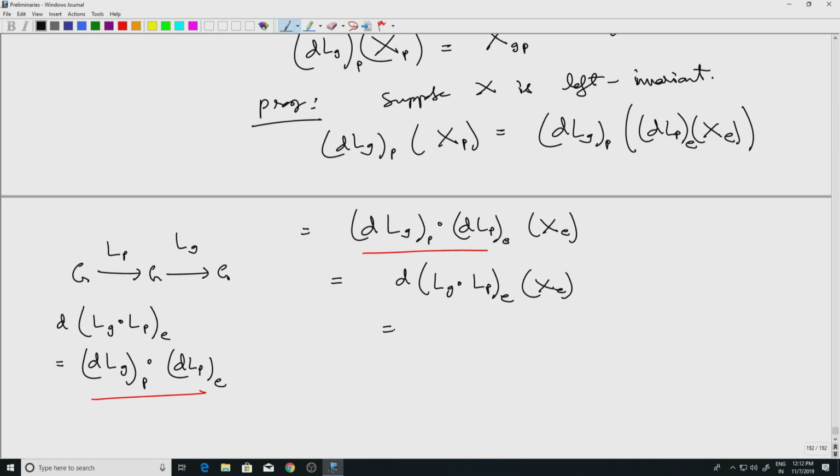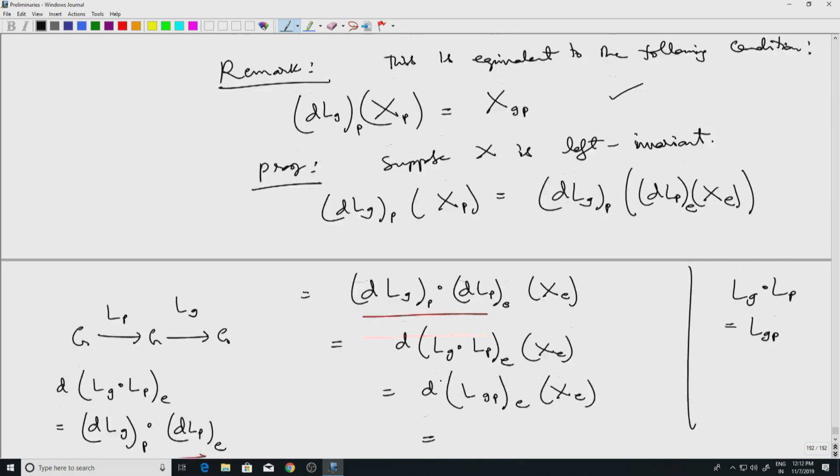And finally, you just note that left translation by P, then composed with left translation by G, is the same thing as, so here I'll make LG composed with LP, is the same as LGP. So DLGP at E of XE.